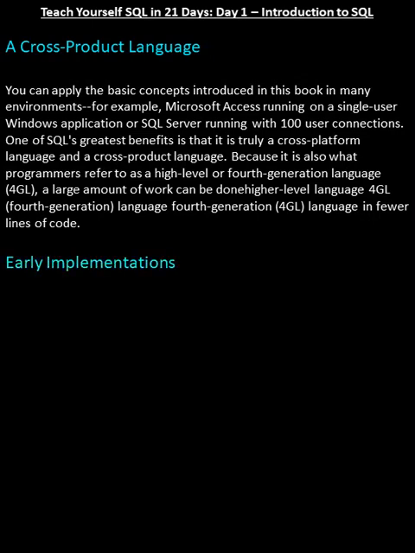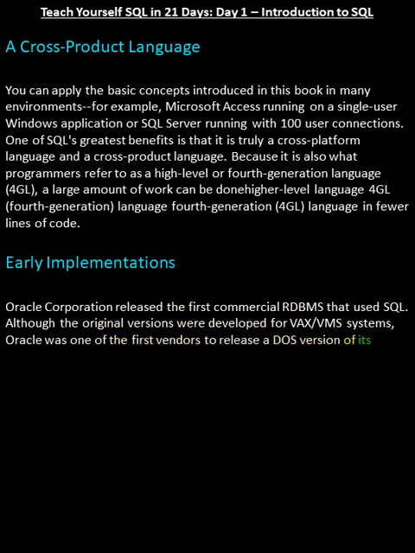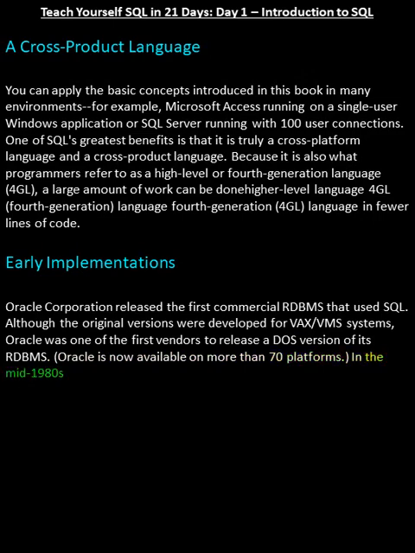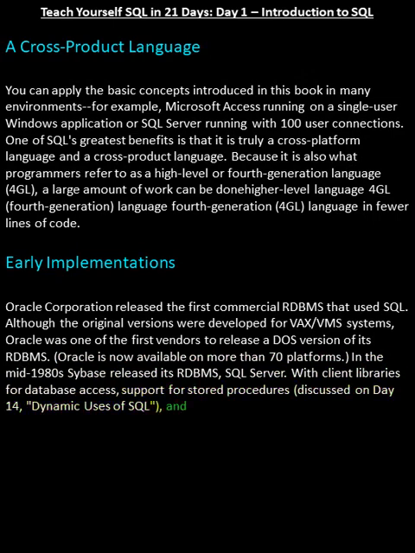Early implementations. Oracle Corporation released the first commercial RDBMS that used SQL. Although the original versions were developed for VAX/VMS systems, Oracle was one of the first vendors to release a DOS version of its RDBMS. Oracle is now available on more than 70 platforms. In the mid-1980s, Sybase released its RDBMS SQL Server.